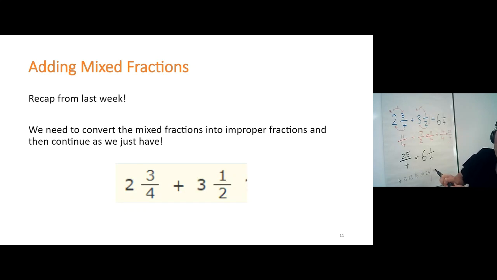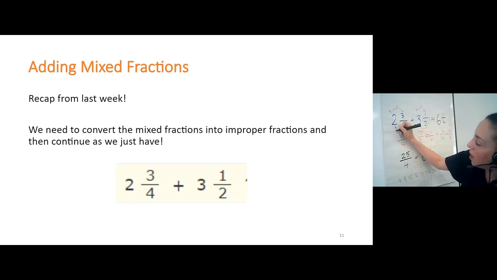So we have 2 3/4 plus 3 1/2. They are mixed numbers. So to be able to turn it into regular fractions that we can recognise and actually add, just like we've practiced a minute ago, we're going to convert the mixed numbers into improper fractions. So we do that by taking the denominator. So in this 2 3/4, that's the 4.